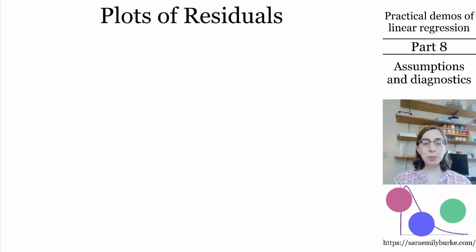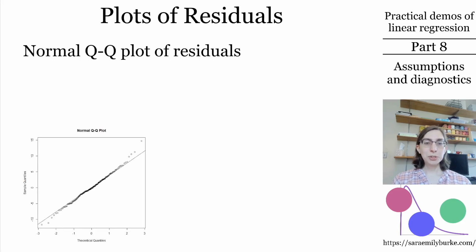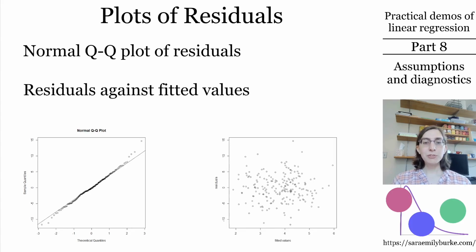The two main plots of residuals that are most conventional to look at are a normal QQ plot of the residuals, which we use to identify departures from normality, and a plot of the residuals against the fitted values, which we use to look for heteroscedasticity and nonlinearity.